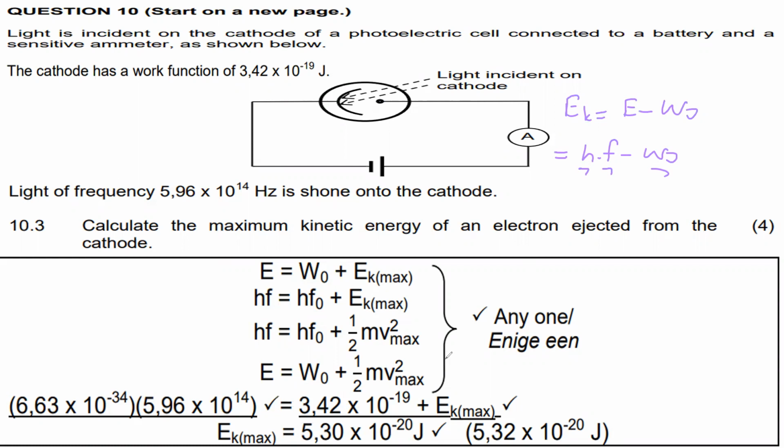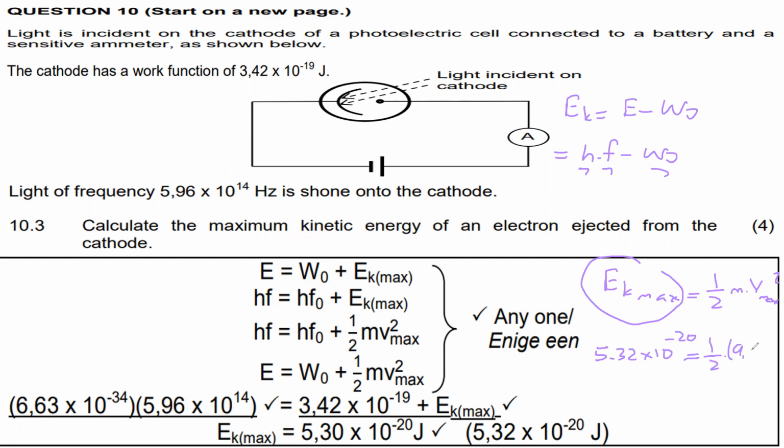Maybe next time, they can give you another question: calculate the maximum velocity. How can we calculate? What are you going to do? You are going to say EK max equals 1/2 times m times v max squared. So we know EK max, so you can say 5,32 times 10 to the power of negative 20 equals 1/2 times mass.